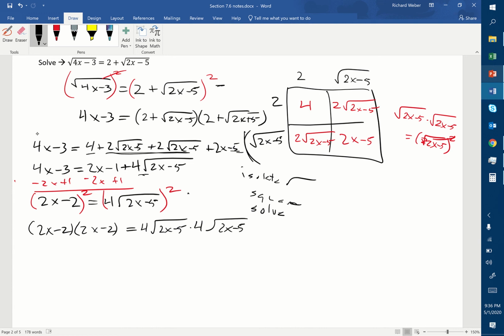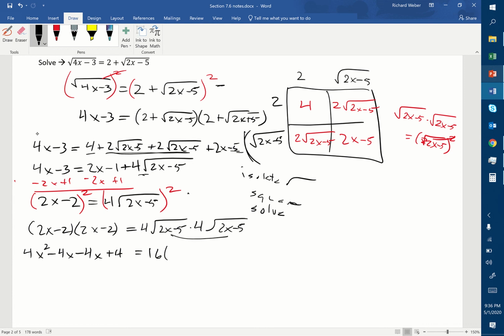On the left is a FOIL, so bear with us. 4x squared minus 8x plus 4. Okay. And then on this side, I want to get rid of 4's, but I'm going to do this. I'm going to go 4 times 4 is 16. And then I have the radical times radical. We did it once before.